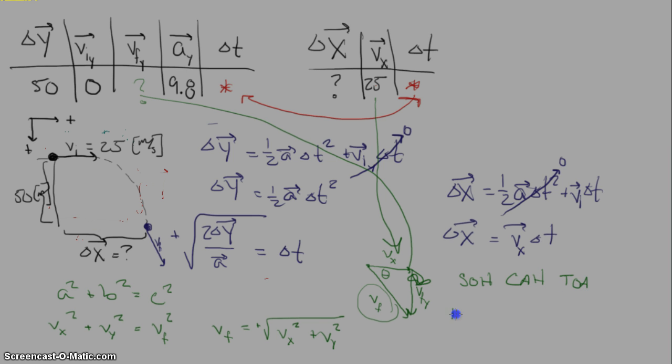In this case, I might use tangent. Tangent of my angle would be the opposite side over the adjacent side, or the angle would be inverse tan of that ratio. And that would give me the angle measure, in case that was curious or interesting to you.